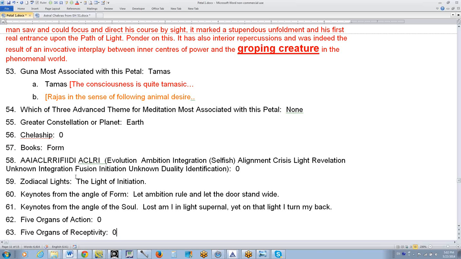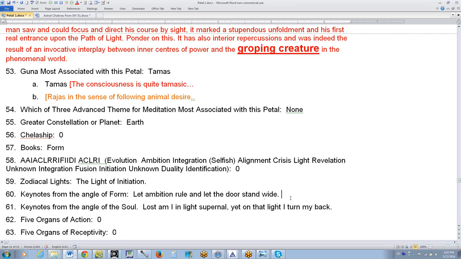I'm not sure about these zodiacal lights and why the light of initiation should be here. I don't think it applies too much. Maybe the light of Aries, but they're all given in higher cosmic interpretations. From the angle of form, keynotes from the angle of form, well, there's no ambition here.